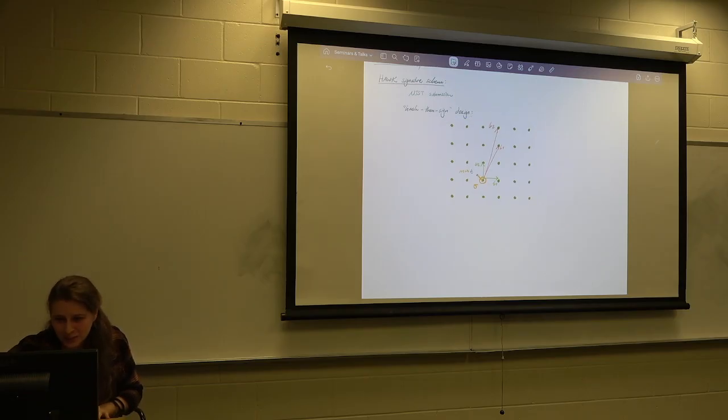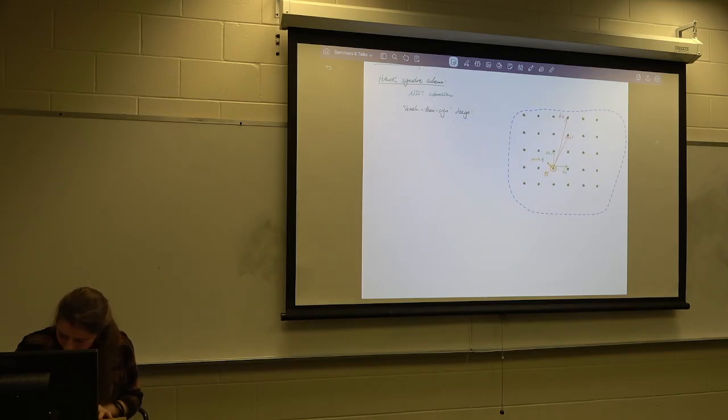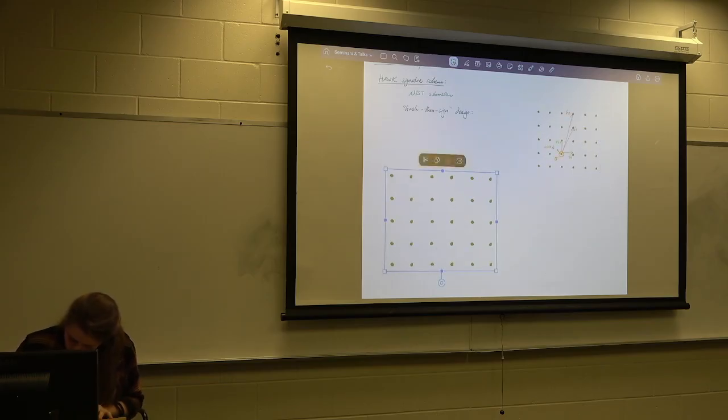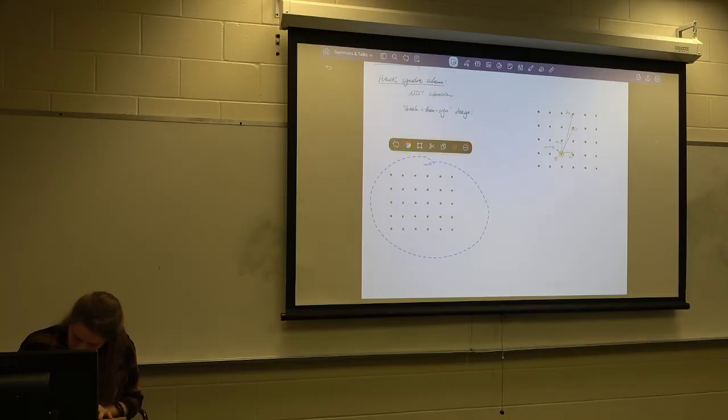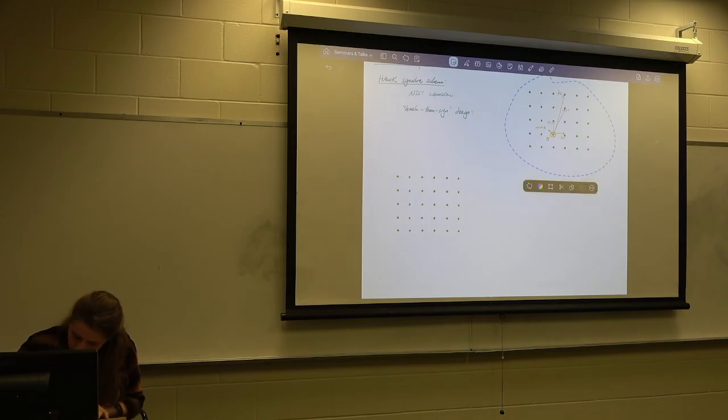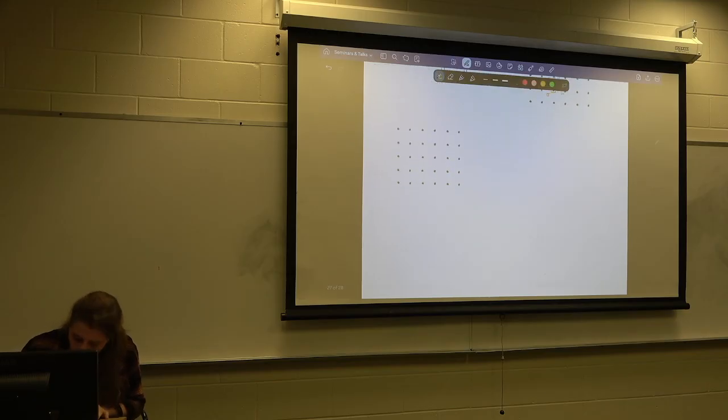But how do we actually make this hard for people who don't have the short basis to do? So let me show you again. Okay, so let's say I have this lattice, and I know a good basis for it, right?